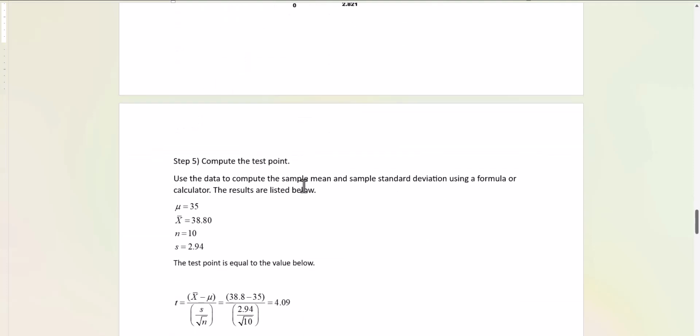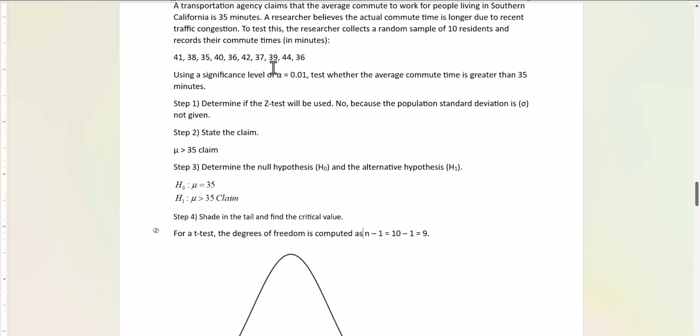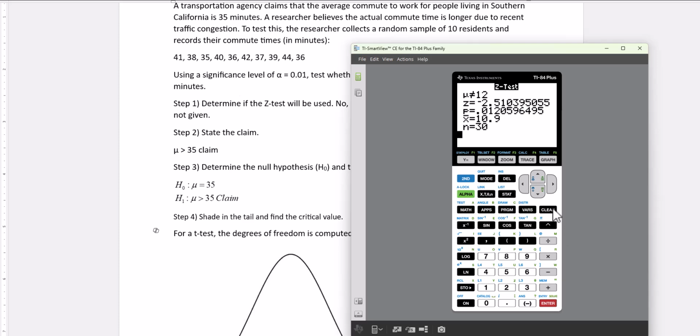Now we need to calculate our test point. In this case, since we're given raw data, the simplest way to calculate our key values is to use our calculator. If we have a graphing calculator, we can do that easily. We press Stat, Edit. I like to clear any old data from the calculator. And then I enter the data in L1.